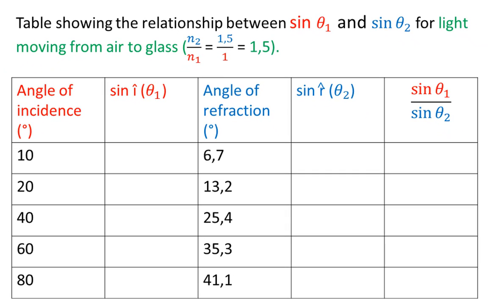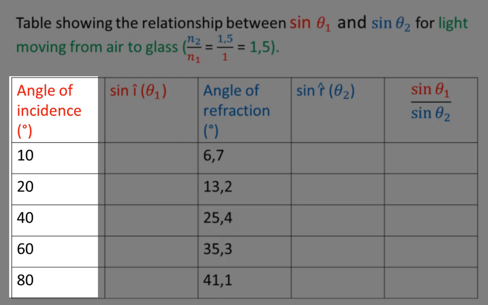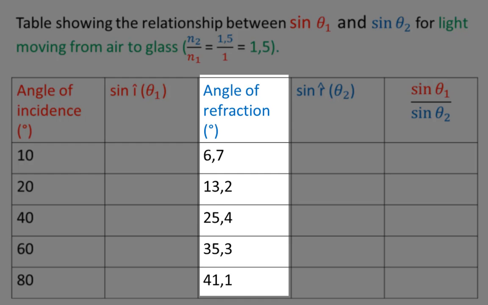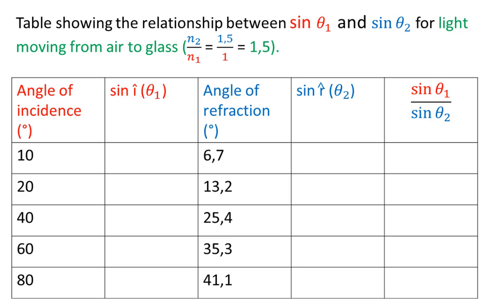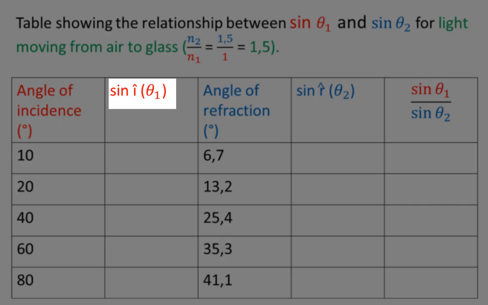Remember, we have already collected this data. So I'm putting this data into this table, but giving some space for what we need to be able to look at this a little differently. Remember, we varied the angle of incidence and then we measured the angle of refraction. But now in this question, we're not asking how does angle of incidence affect angle of refraction, but rather how does sine of angle of incidence affect sine of angle of refraction.